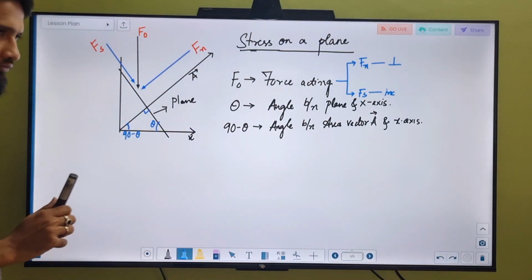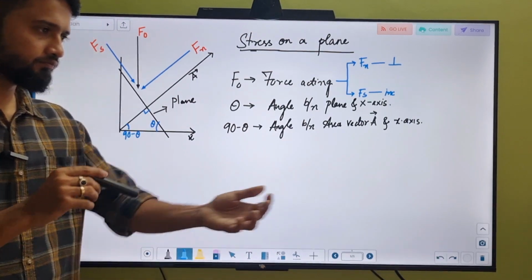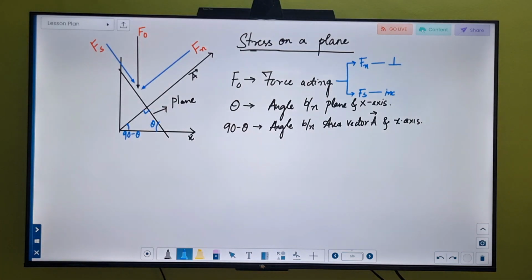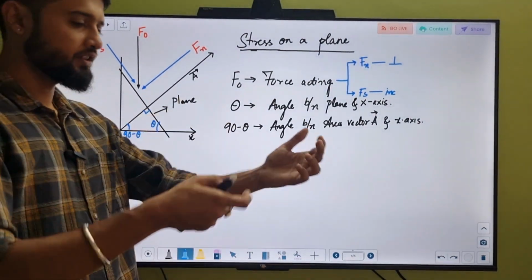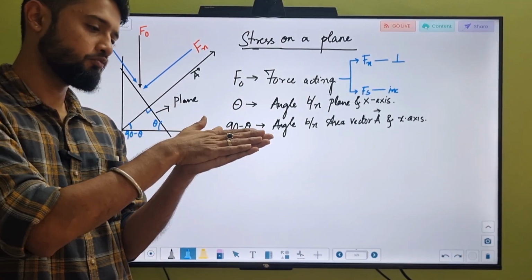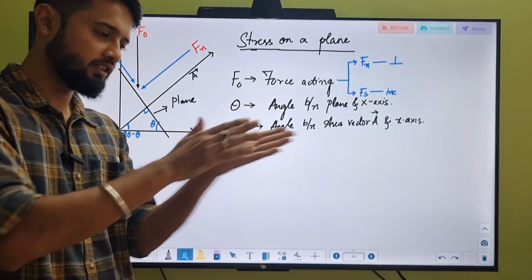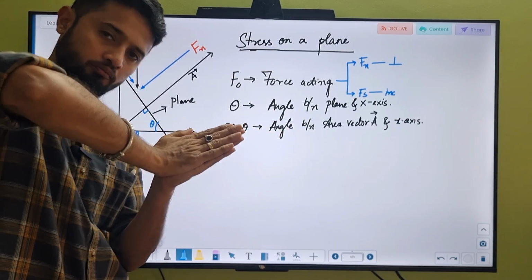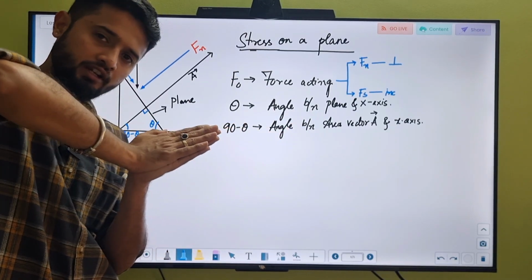Consider if I want to move a body along the plane. This is the plane and this is the body. If I put a perpendicular pressure, it won't move.